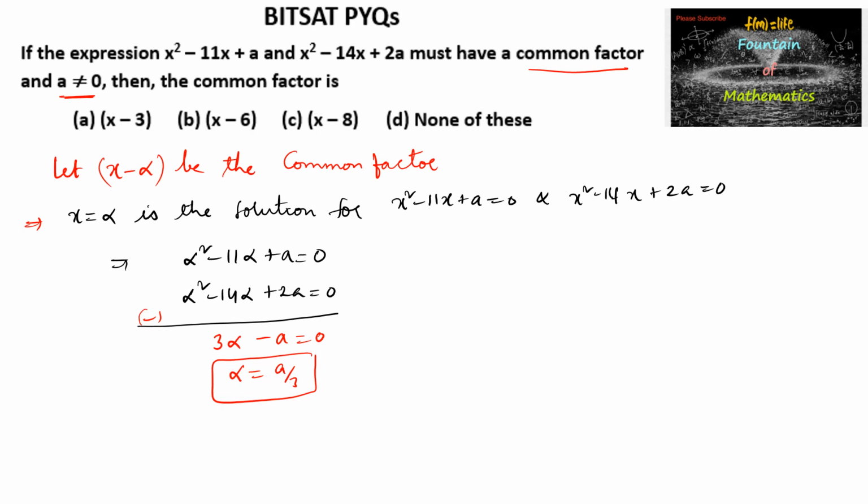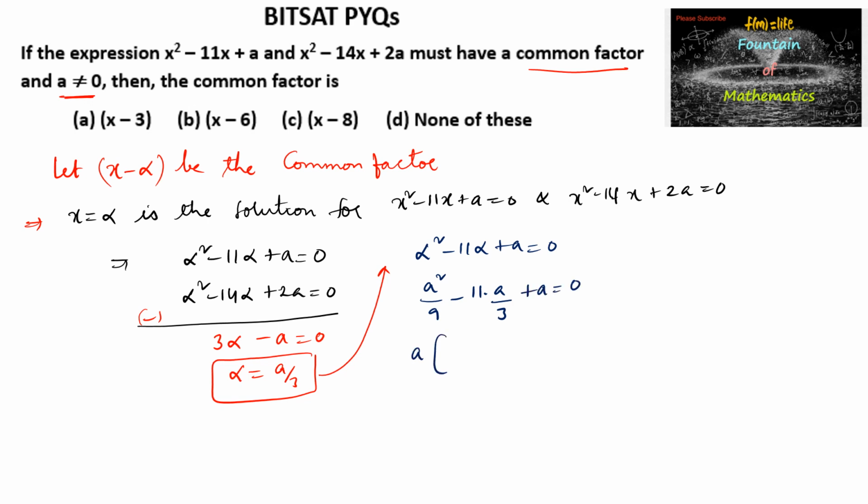So let us substitute alpha is equal to a upon 3 in one equation: alpha square minus 11 alpha plus a is equal to 0. So a square by 9 minus 11 into a by 3 plus a is equal to 0.